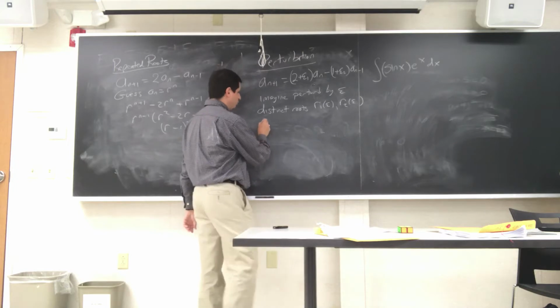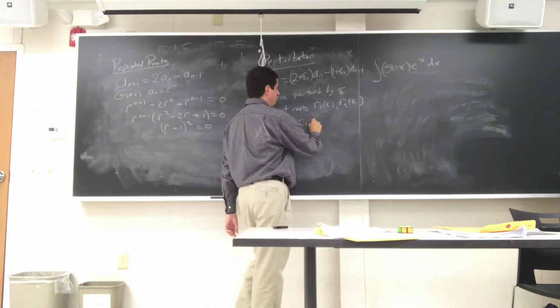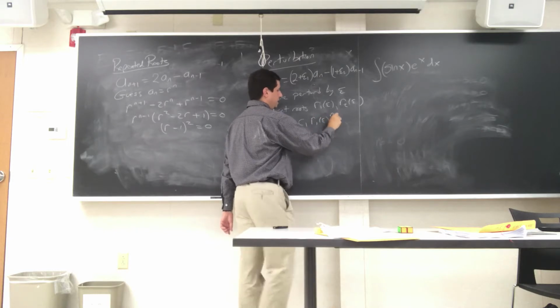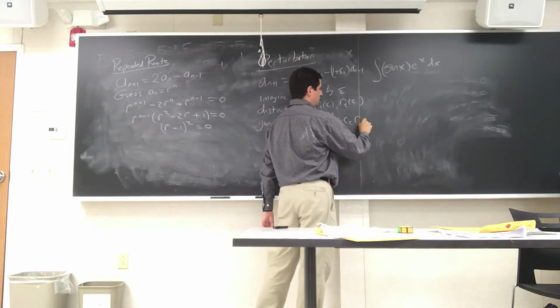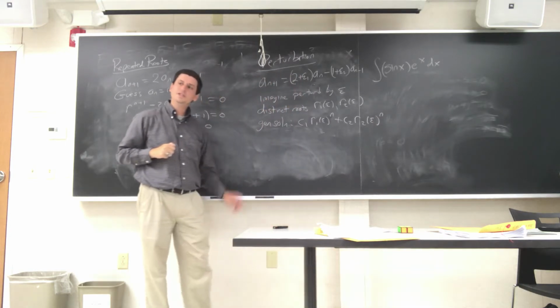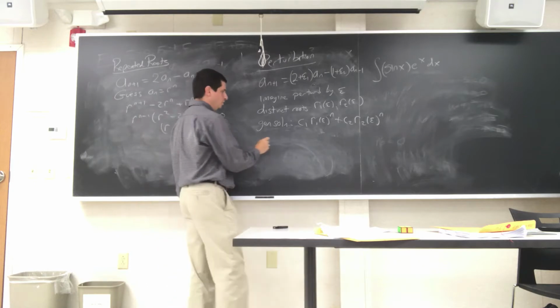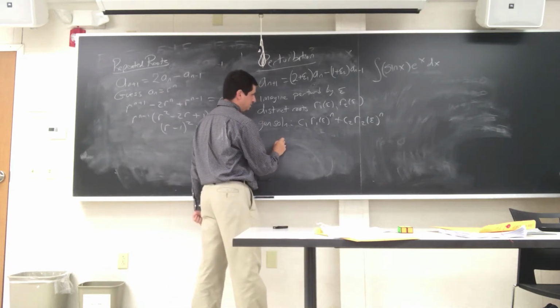So we know the general solution. We would write it as C1 R1(epsilon)^n plus C2 R2(epsilon)^n. Another way we can write this is the following.